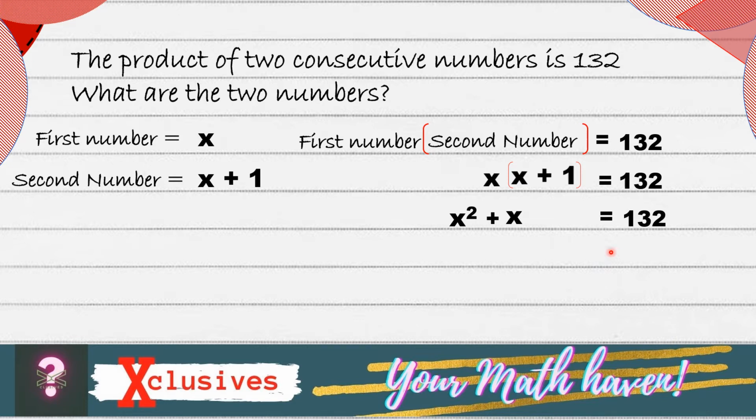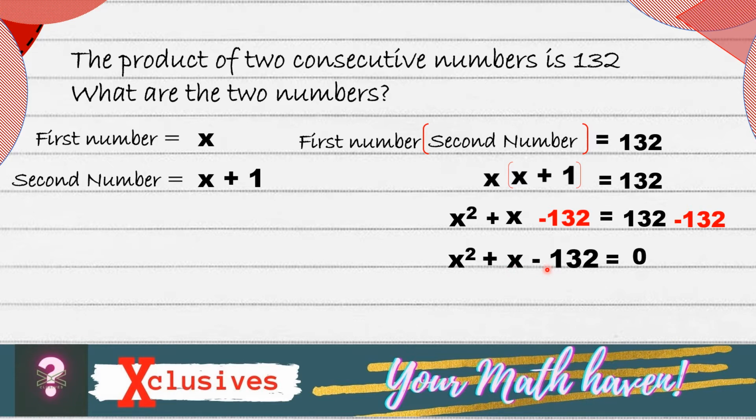We need to make this equation be in standard form, and to do that, we subtract both sides by 132. So our result will be x squared plus x minus 132 is equal to 0.